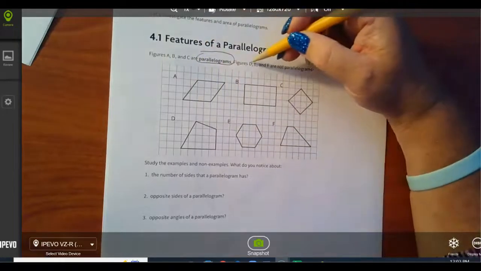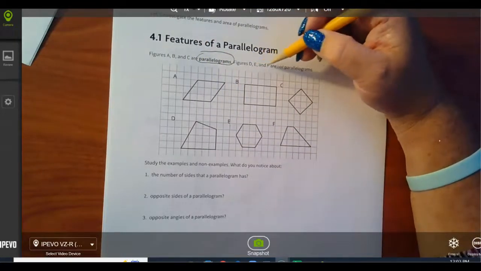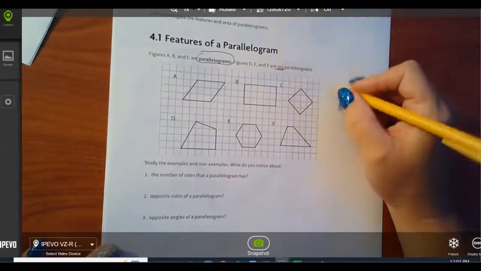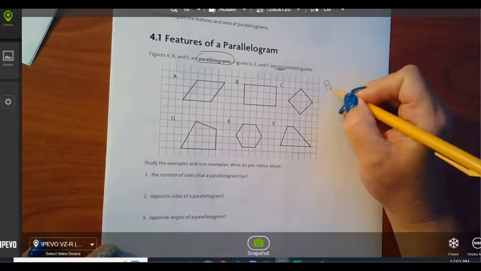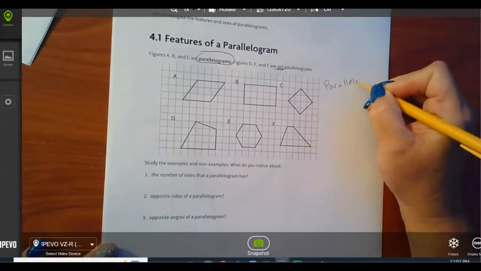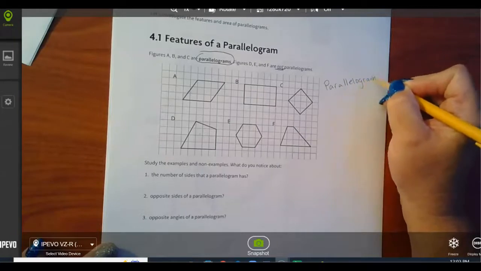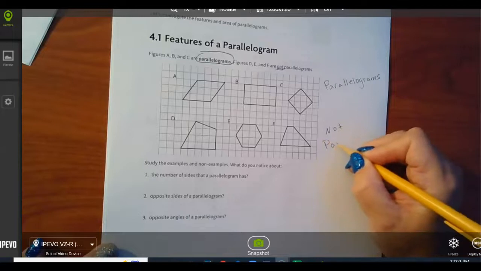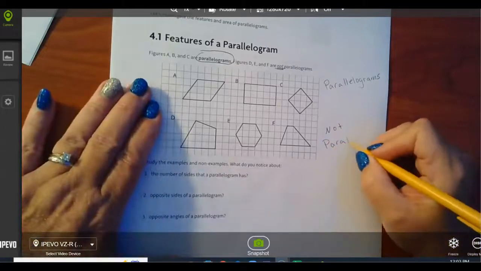It says that figures D, E, and F, these three right here, are not. So these are our parallelograms. Write this down here. And these are not parallelograms.